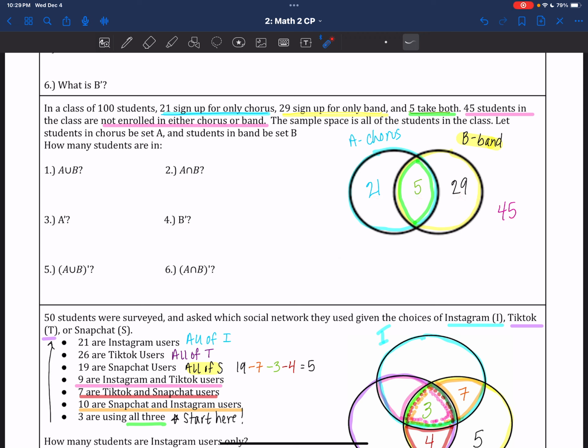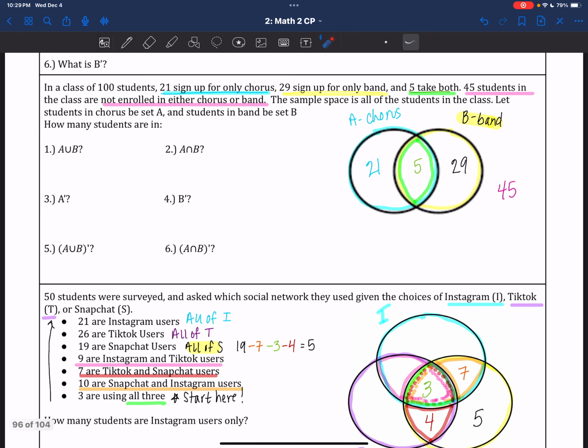So now, you're going to go through and answer all of these based off of this information here. All right, and then 45 is here, so I color-coded everything with you.